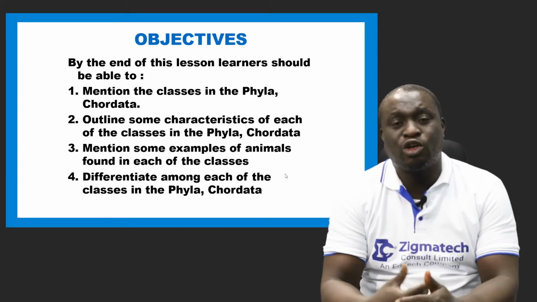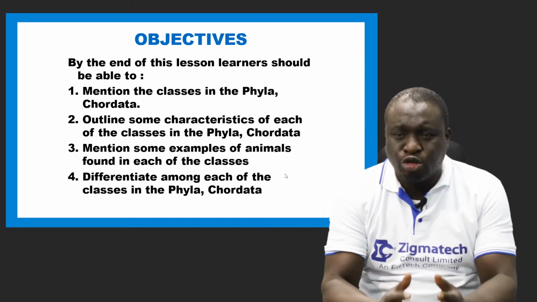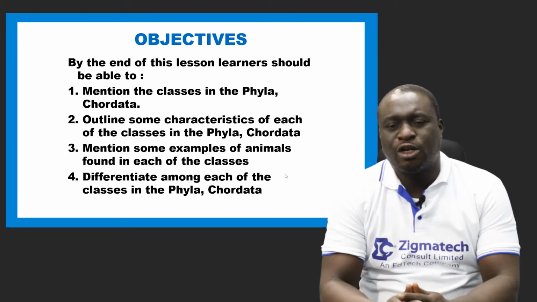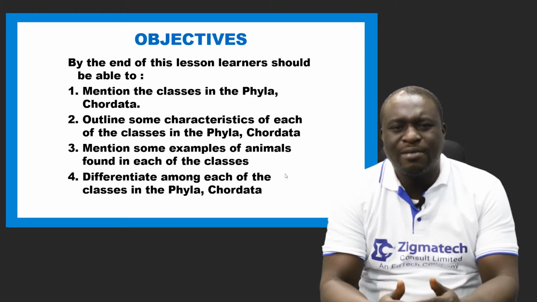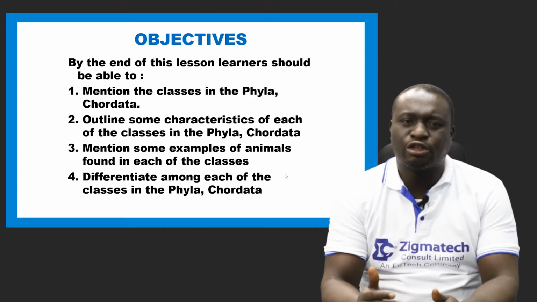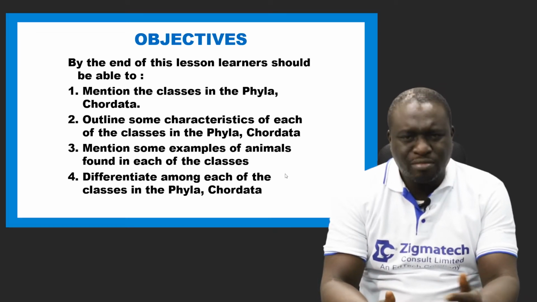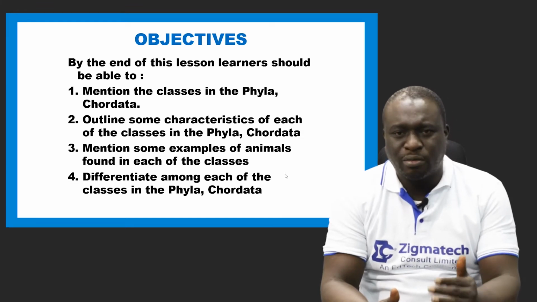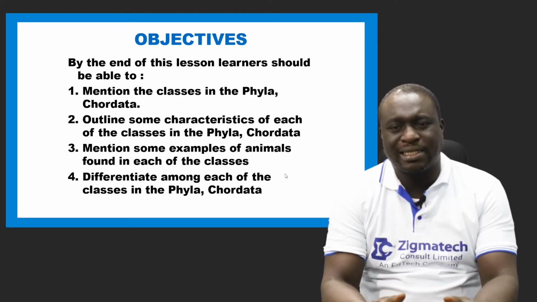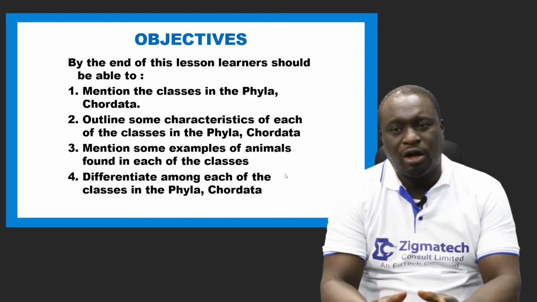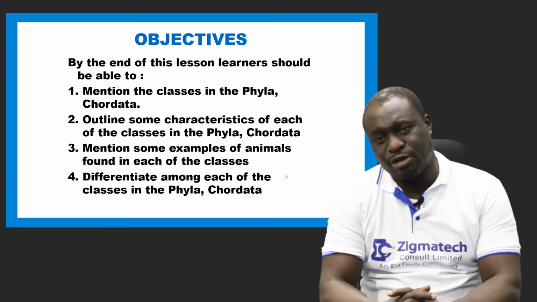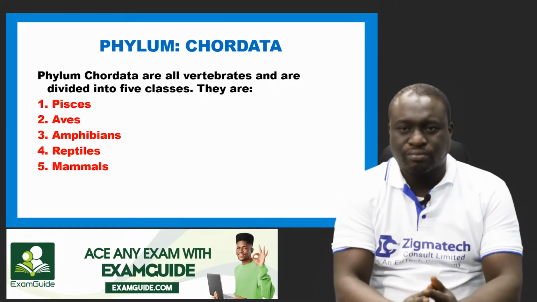Number 3, you should be able to mention some examples of animals that are found in each of these classes, and be able to identify them. And number 4, you should be able to differentiate among each of the classes we have discussed in this PHYLA Chordata. Now, are you ready? Let's dive in.